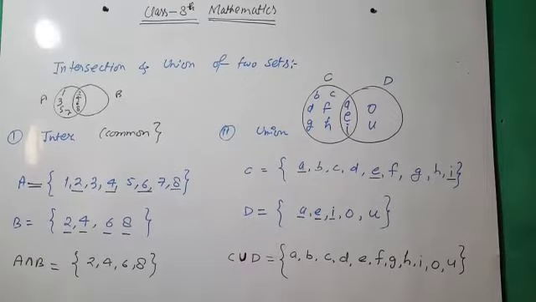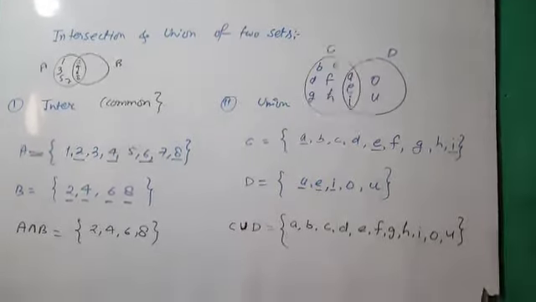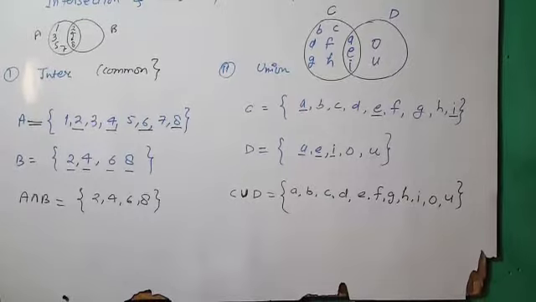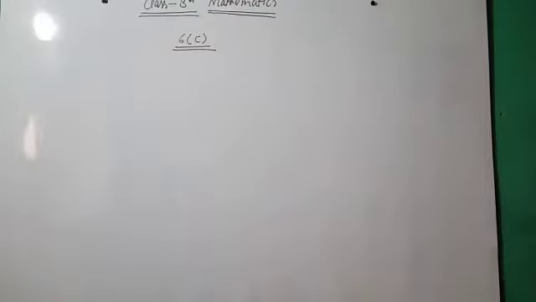Now we are going to discuss the exercise on the basis of these two. Let us start with the first question of the exercise. First we have the universal set, zeta, with elements 1, 2, 3, 4, 5, 6, 7, 8, 9.